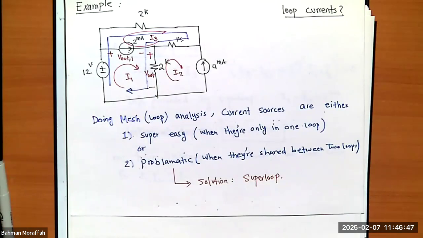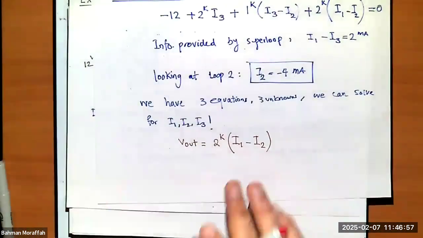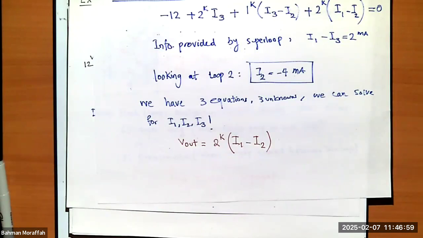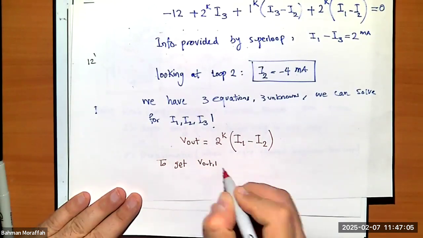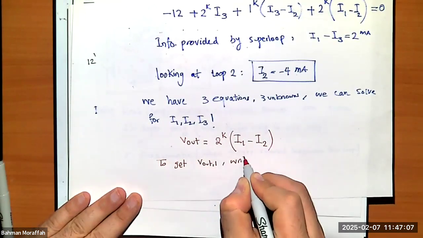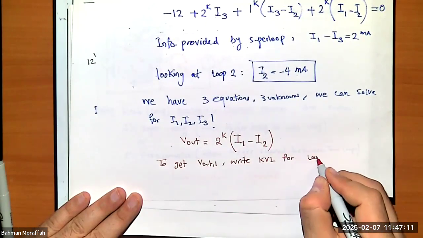What I'm claiming is that I'm going to write a KVL for that loop 1, and that would give me Vout1. So let's see how. So to get Vout1, write a KVL for loop 1.